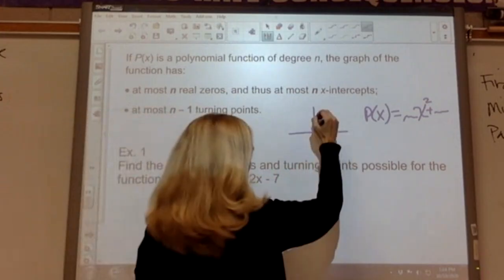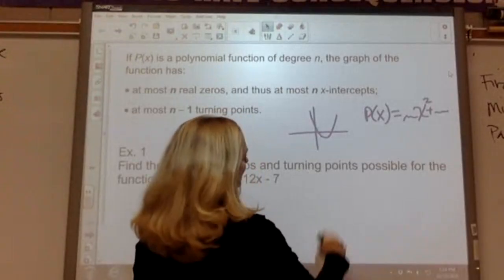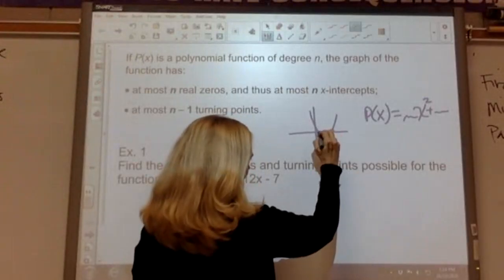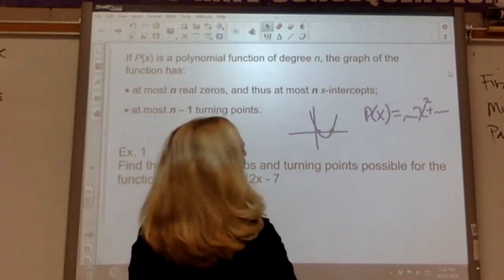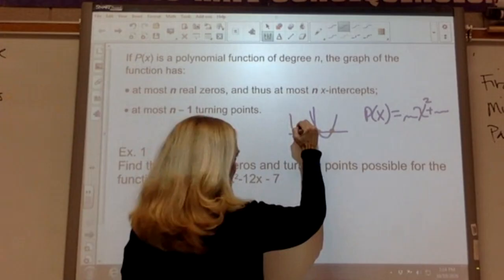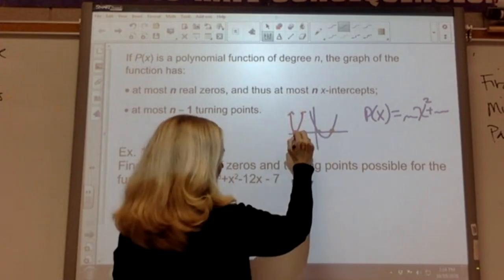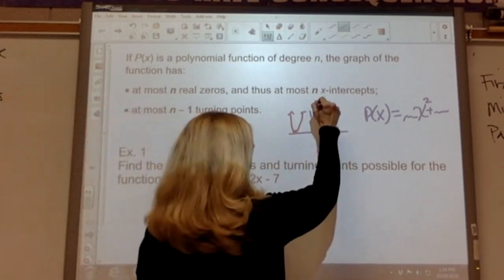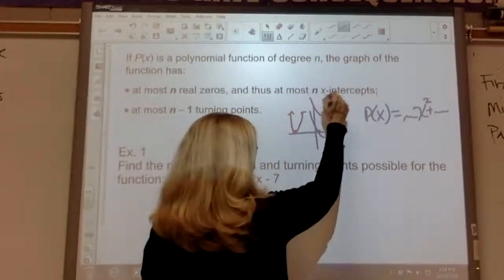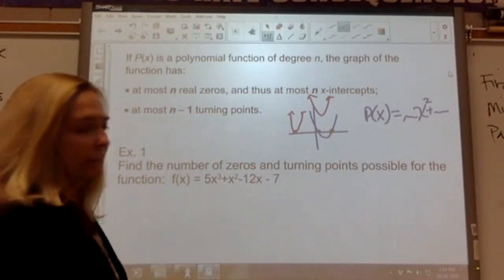The parabola may look like this, and it can cross the x-axis here and here, so it would have 2 zeros. But it might just touch it like this right here, then it would just have 1 zero. Or maybe it's up high, somewhere like this, and it doesn't even touch the x-axis, so it would have no real zeros, it would just be imaginary.